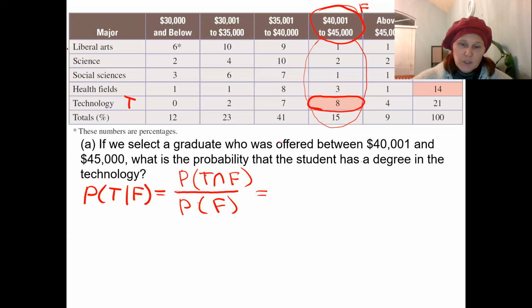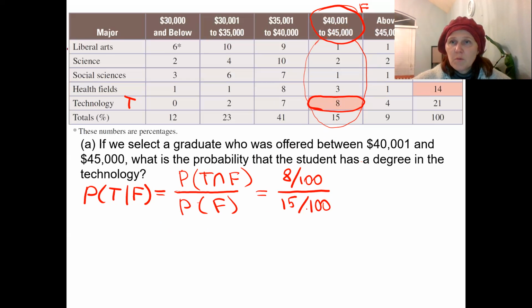Probability of the intersection is 8 divided by the total 100. Probability of getting from 40 to 45,000 is 15 divided by 100. Can multiply by 100 numerator and denominator, so 8 over 15.